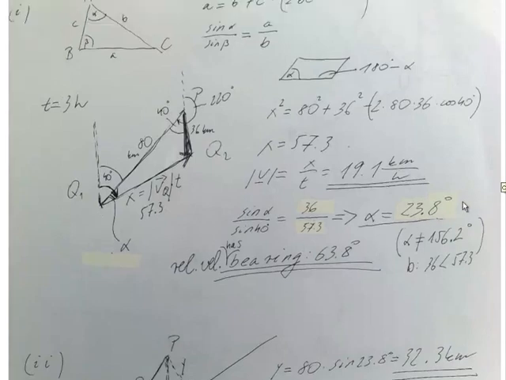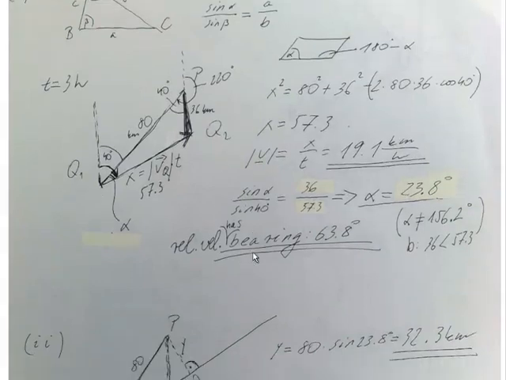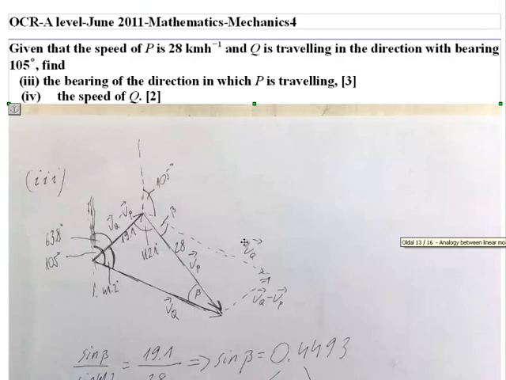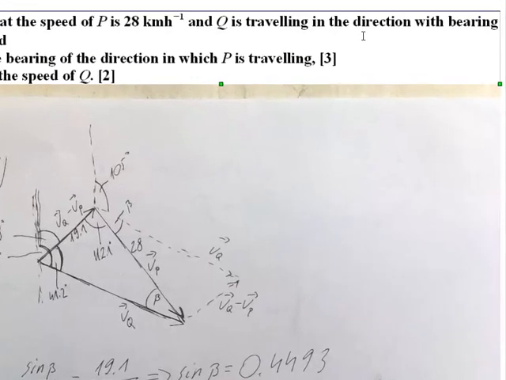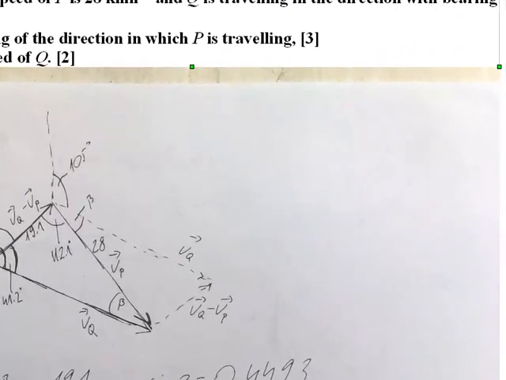It is here and here. So speed of P is here, and Q is traveling in the direction with bearing 105 degrees.